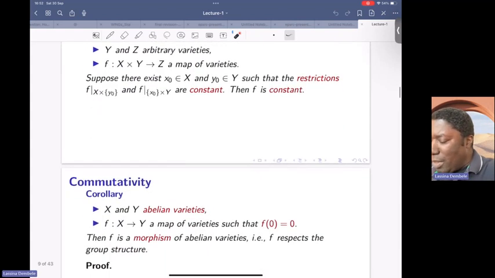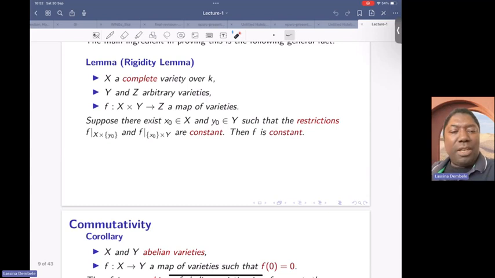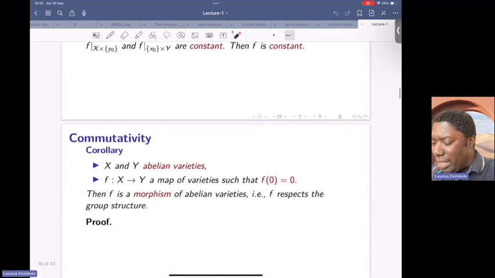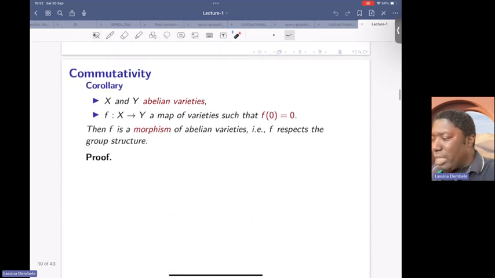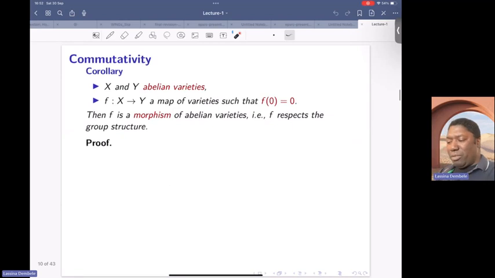Okay. So this is going to be the key ingredient in the fact that if we give ourselves an abelian variety, then this abelian variety would be commutative. So the first corollary of the rigidity lemma is the following.